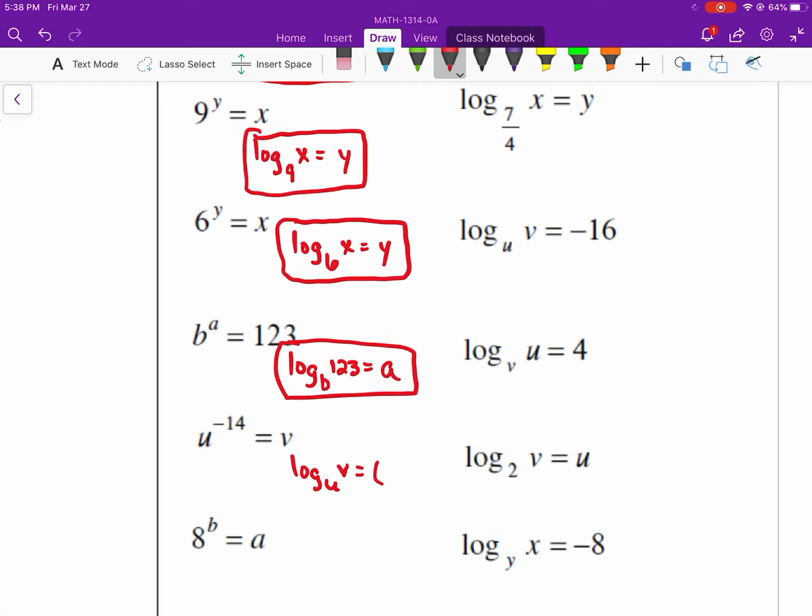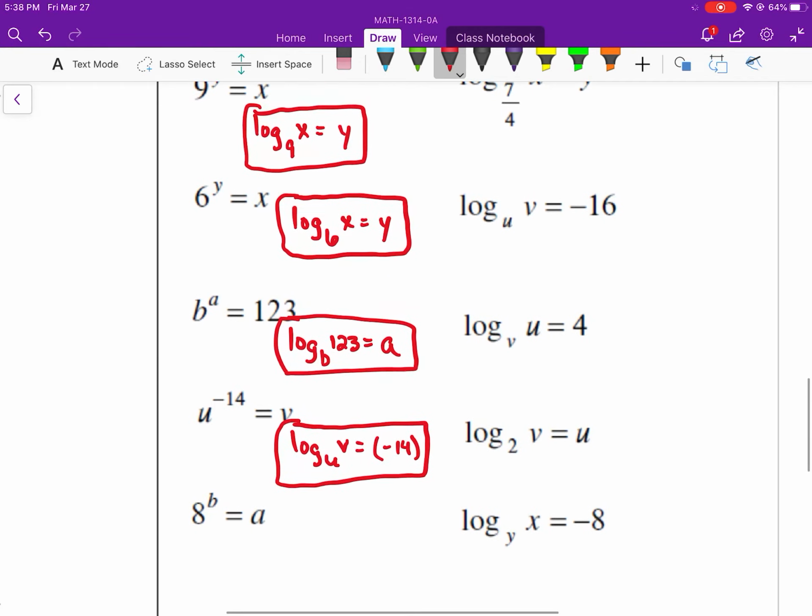Log base u of my answer, which is v, equals negative 14. And I'm just putting negative 14 there in parentheses so that it doesn't get lost in the equal sign there. One more. Log, my base 8, of my answer, which is a, equals b.